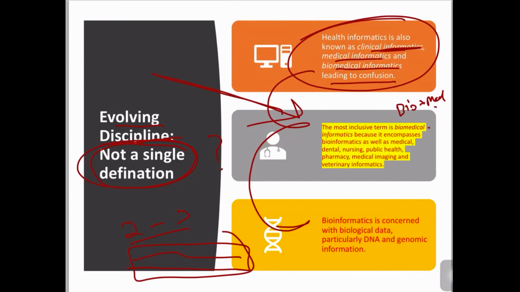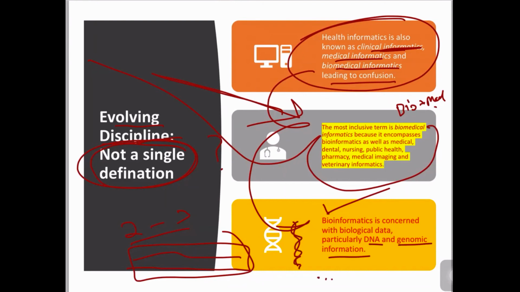Using the word biomedical informatics is more technically correct, but in general we use the words healthcare informatics, biomedical informatics, medical informatics. However, as I said, bioinformatics is a bit different. Bioinformatics specifically studies the genomic level and data about the DNA structure and the protein structure, and you can say it's a more granular level.